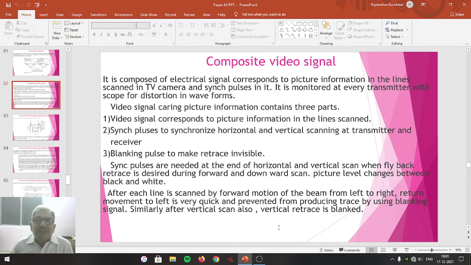One can get the exact illusion of the picture snapped by a camera on the television screen.